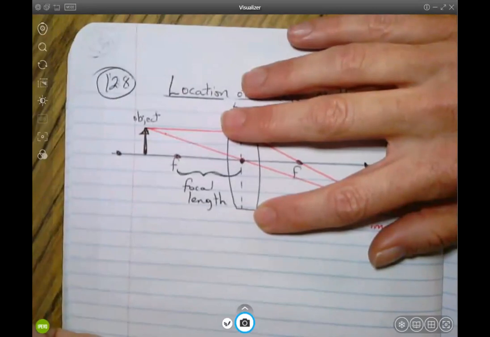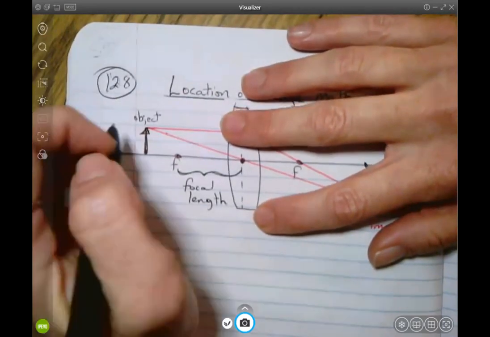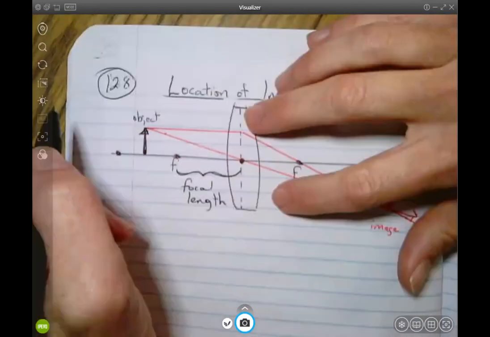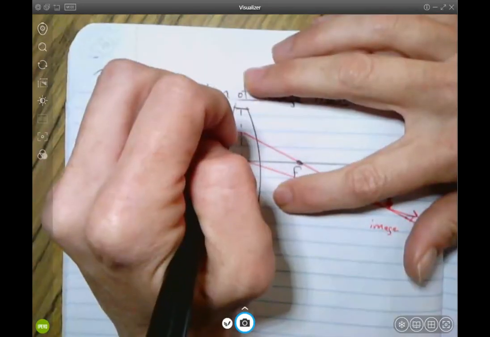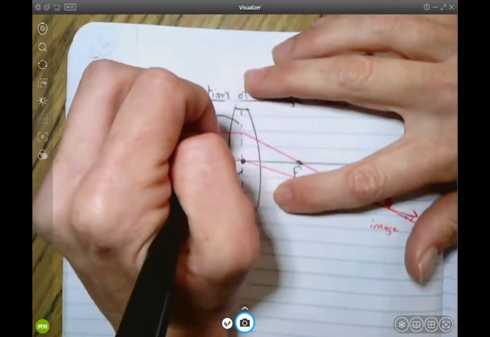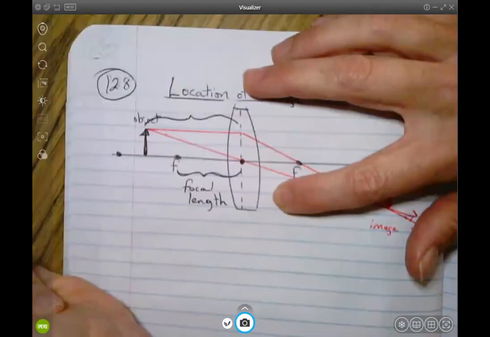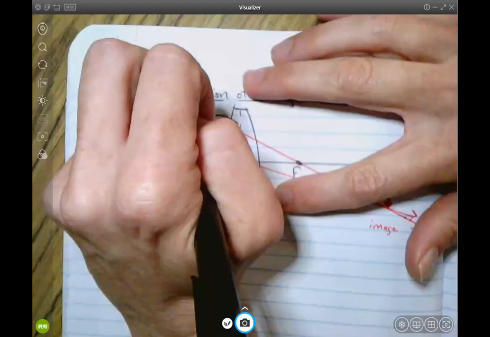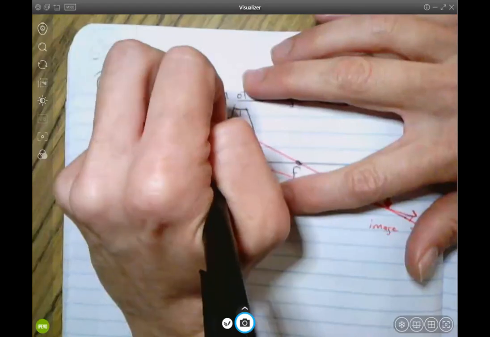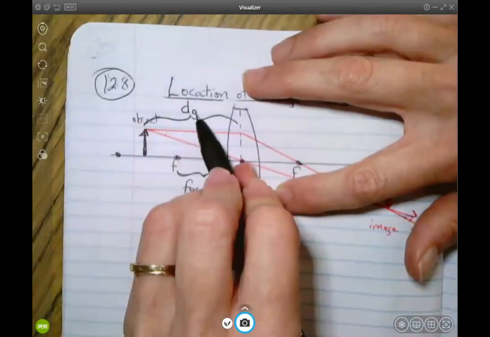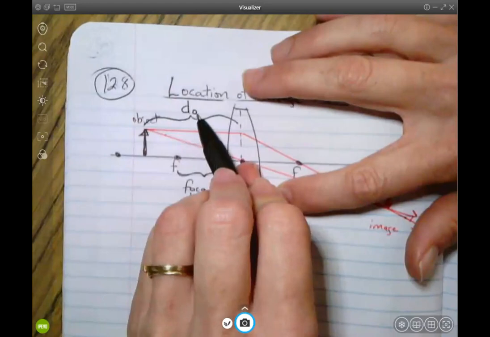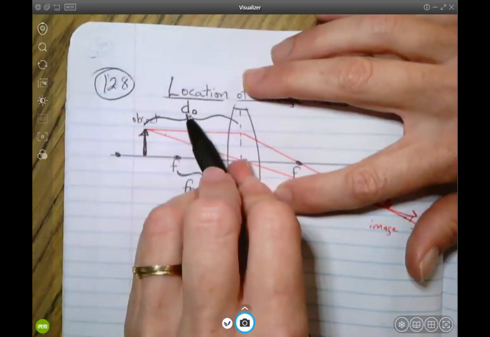The distance from the center of the lens to the object, this distance here, is called the D sub O, object distance. O is object, D is distance.